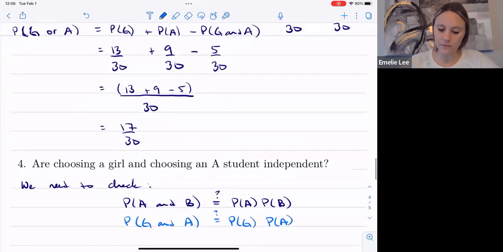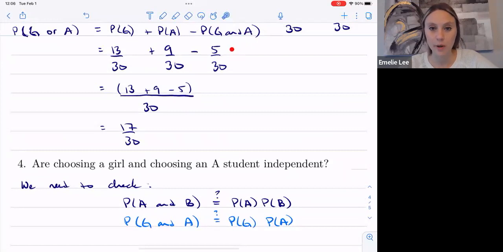Because I have it here, from a previous part we know the probability of G and A is 5 over 30. You can convert these to decimals, but I want you to keep all your decimal places until the very end, because even if the answers are very close, they have to be the exact same to be equal.